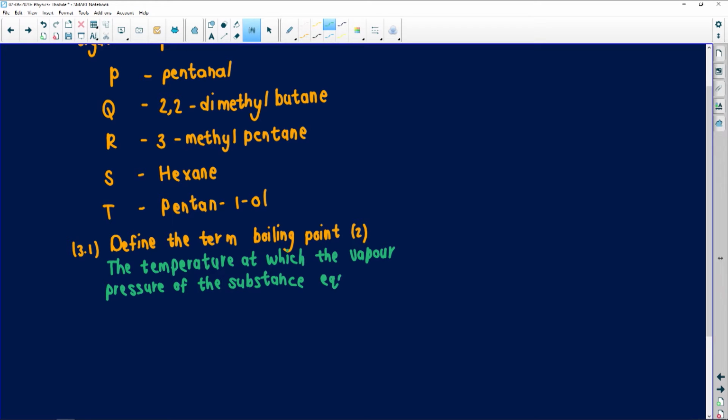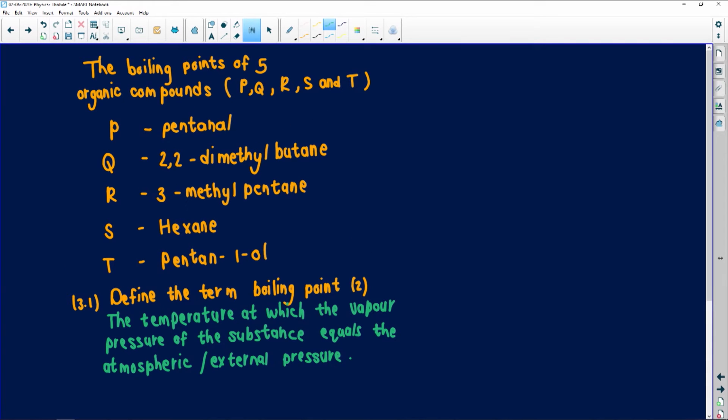Please don't write the symbol, we will kill you. You write the whole word, you don't write the equals sign. You must know this off by heart. Okay, very easy.